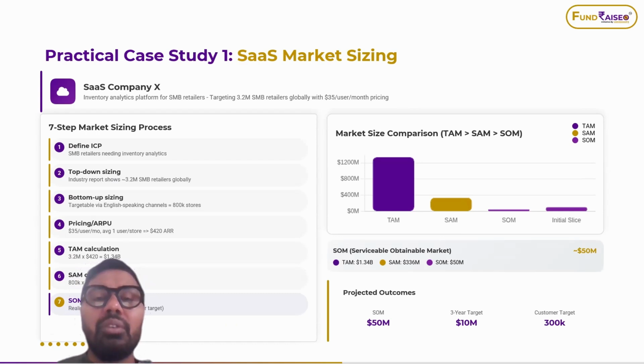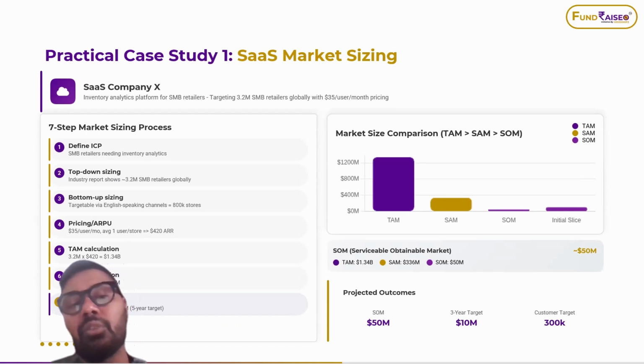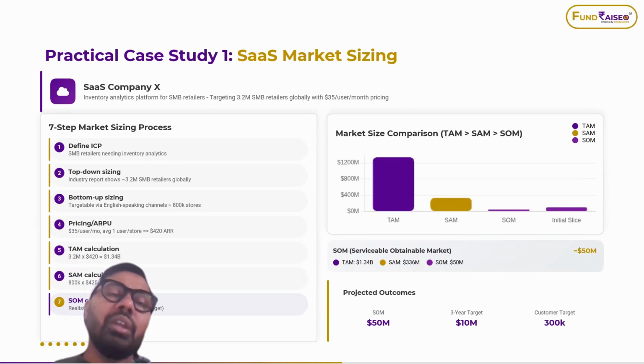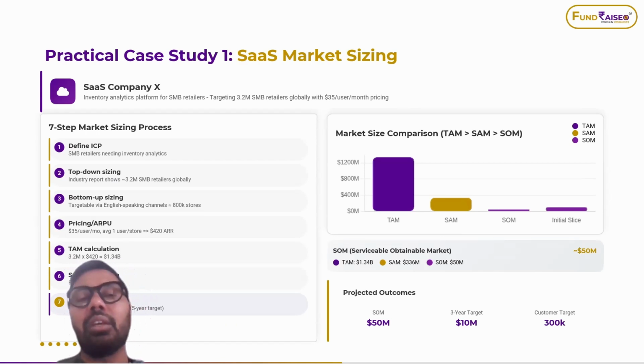And SOM is basically the realistic business projection that we did for our client for the first 5 years, and it came down to $50 million. So $50 million on a base of $336 million is about 15-odd percent. So that is how we define TAM, SAM, and SOM.